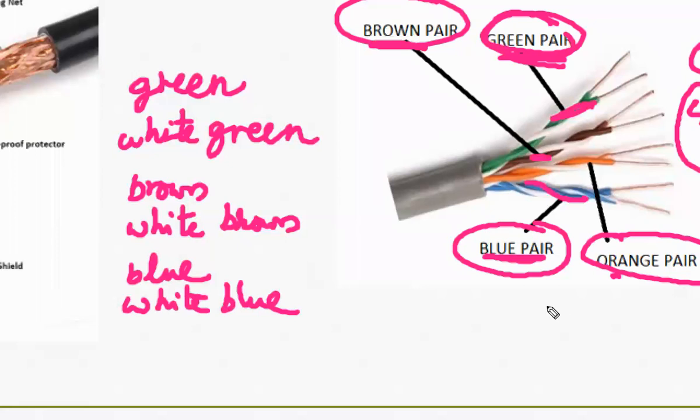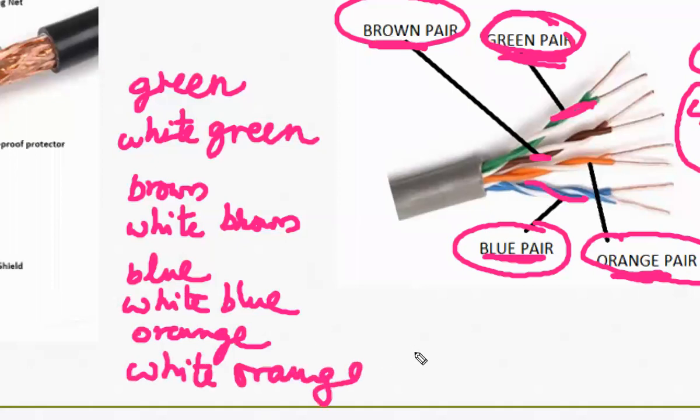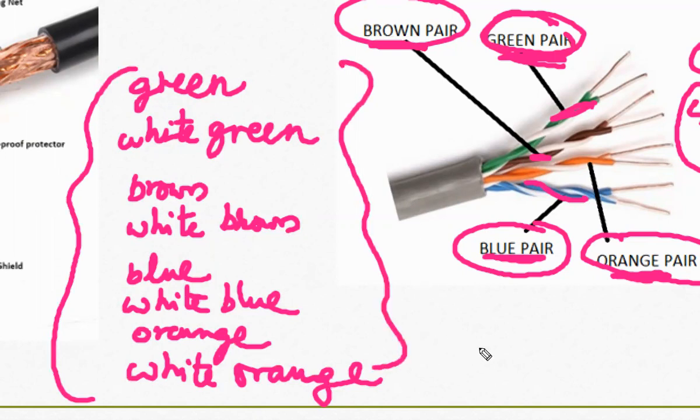And what about the orange pair? Orange and white orange. So this is how you will name it. Clear? This is the naming of the wires.